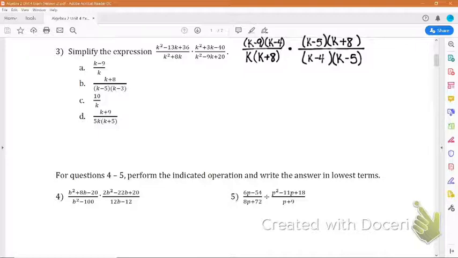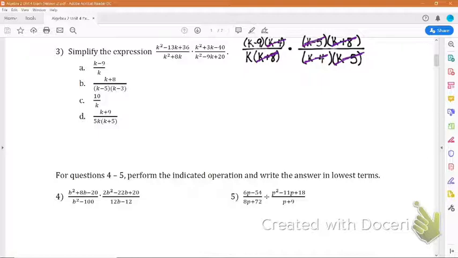Now, do we have anything that can cancel? Yes, k minus 4, k minus 4, k plus 8, k plus 8, k minus 5, k minus 5. So we have lots of things that are able to cancel. Remember, you can only cancel if one's on top and one's on bottom. It doesn't matter which fraction they're in because they're being multiplied together. So the k minus 4s, the k minus 5s, and the k plus 8s all cancel.